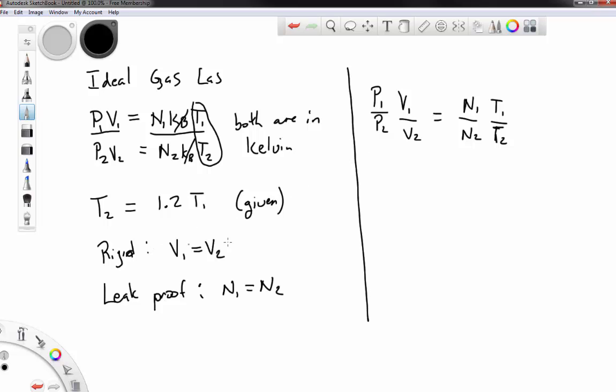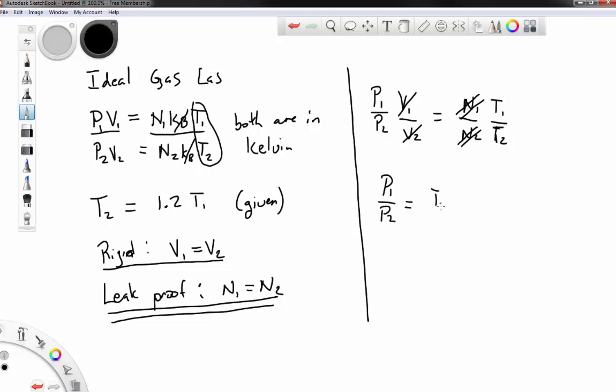And the rigid condition basically means that these two cancel. The leak-proof condition basically means that these two can cancel. So you're left with P1 over P2 is T1 over T2.